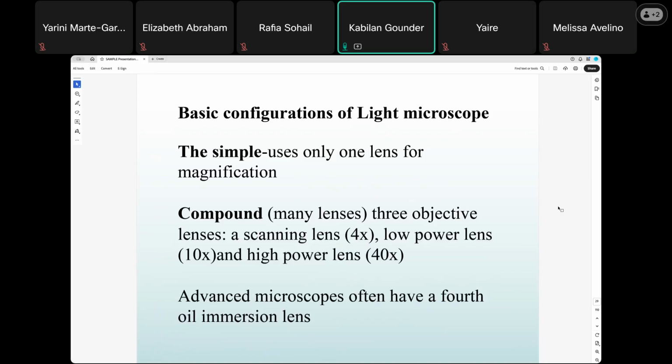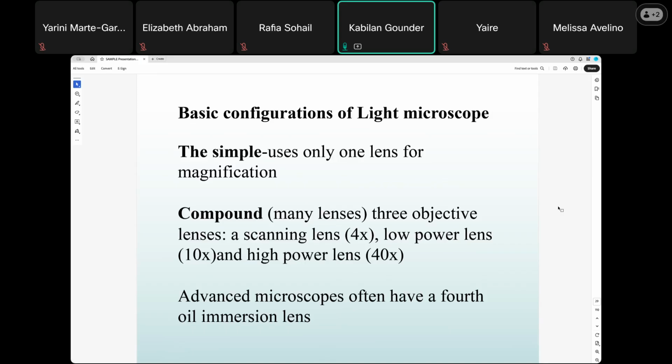The compound microscope has many lenses, like the objective lens, and it depends on the magnification, for example 4x, 10x, 20x, 40x. So it is based on what kind of information you want to get from the images.